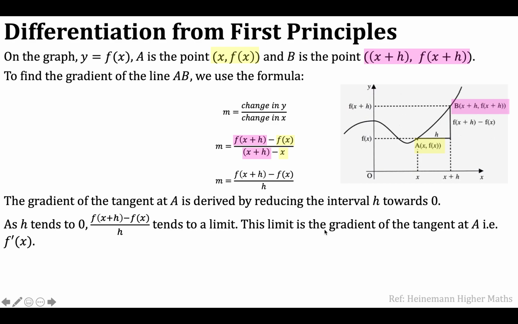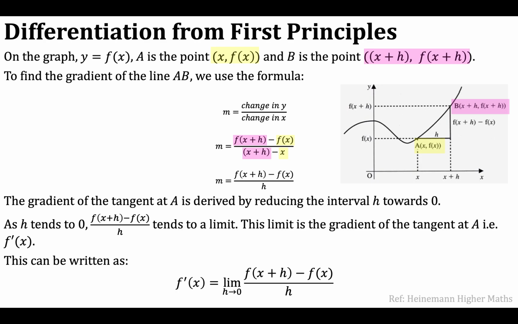And this limit is the gradient of the tangent at A, i.e. f dashed of x, which is actually the derivative. Now we can write this as f dashed of x is equal to the limit as h tends towards 0 of f of x plus h minus f of x all over h.